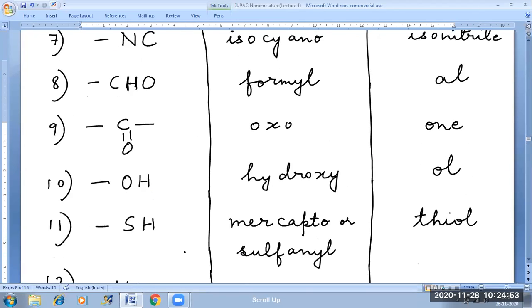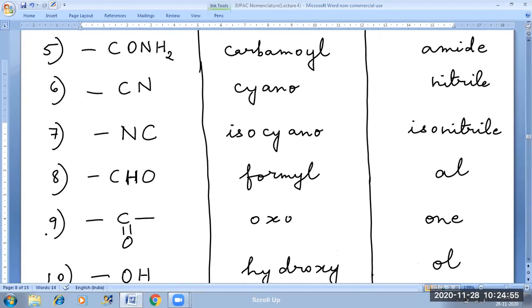Let's check that. Ketone. C double bond O is this one, ninth one, right? So this is ketone. Now only one functional group is present. So if only one functional group is present, that means that gets the priority. So for the C double bond O, ninth one, I'm going to use a suffix which is ONE, on.